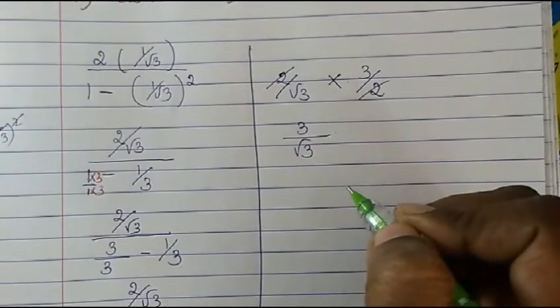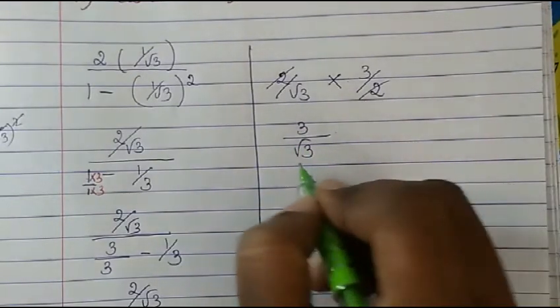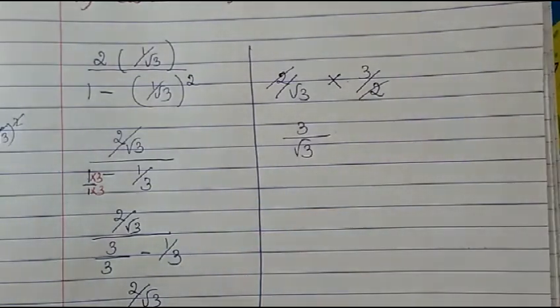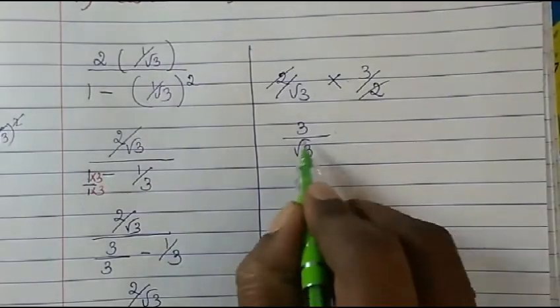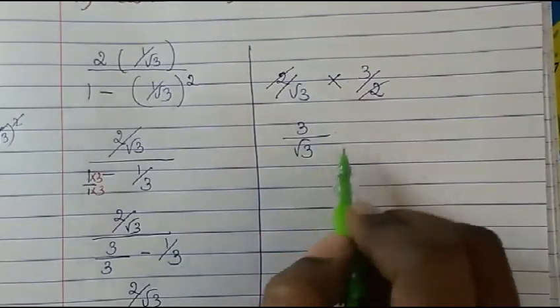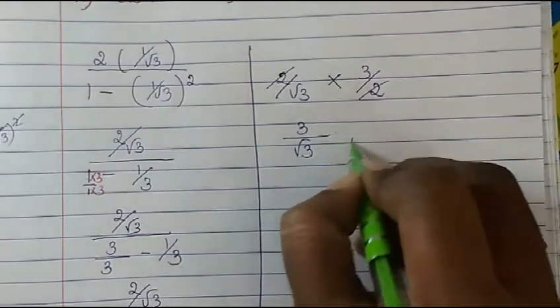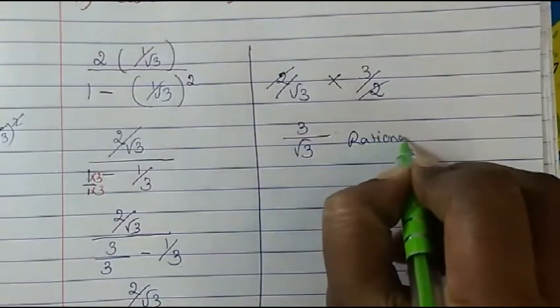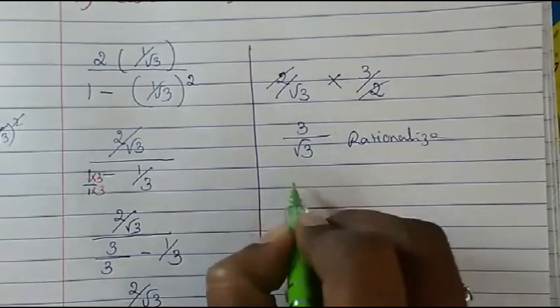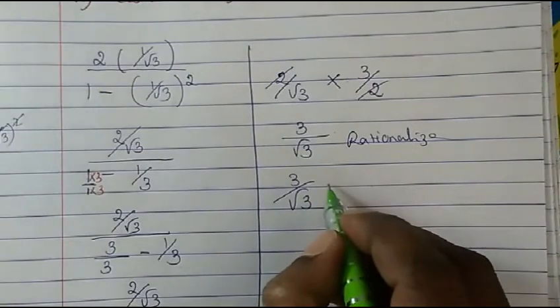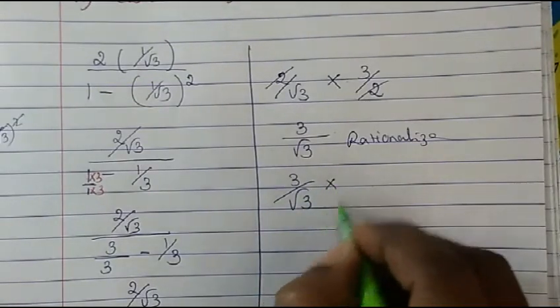Now whenever you get root 3 in the denominator, you have to rationalize it. Rationalization means what is in the denominator, with that same number you have to multiply both sides.